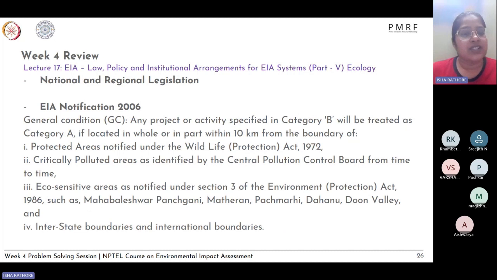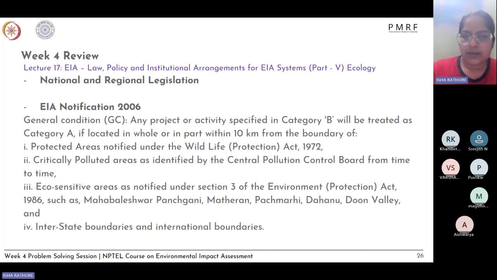Then, looking at national and regional legislation, we of course have the EIA notification of 2006. The general condition under the EIA notification is that any project or activity specified in category B will be treated as category A if located in whole or in part within 10 kilometers from the boundary of.